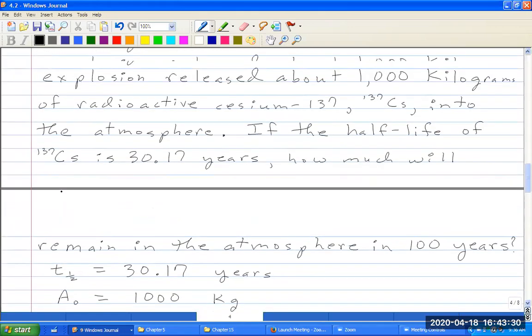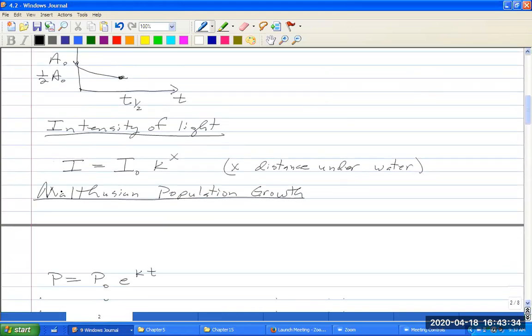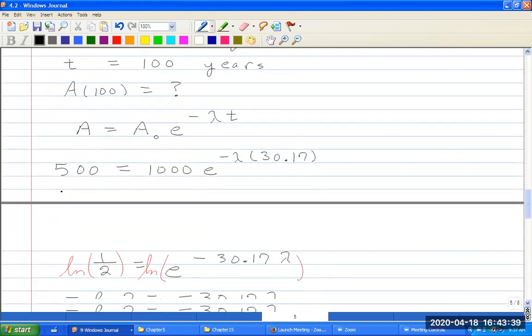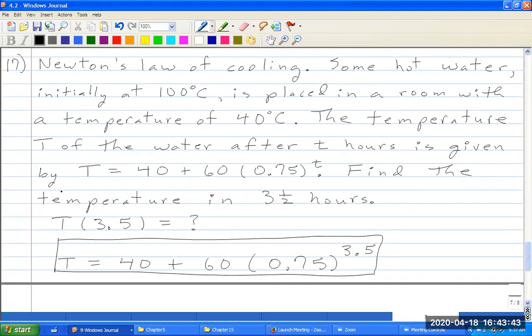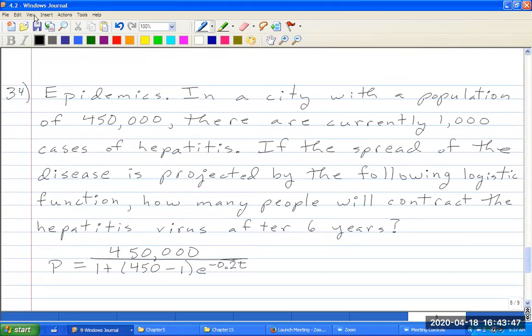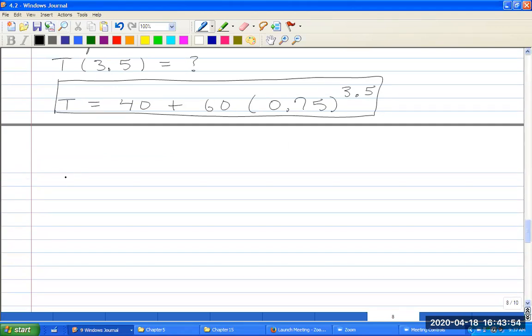Okay, so let's plug into our calculator and see approximately what the temperature is.